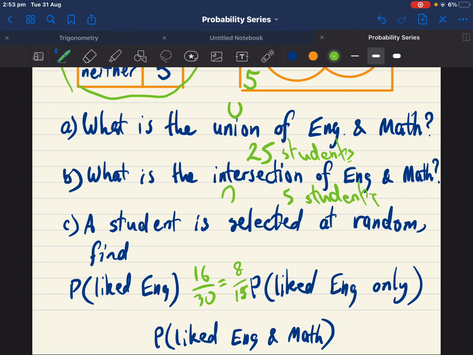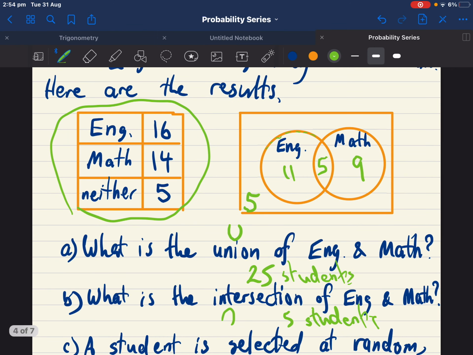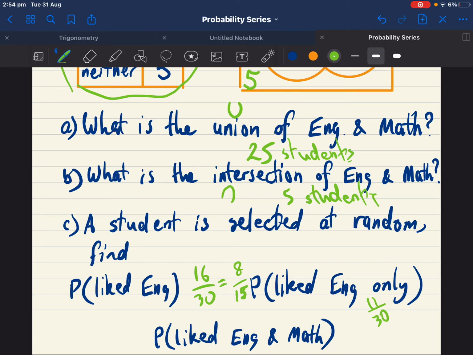That's the probability. The second one, what's the probability that this random person chosen liked English only? So it's not do they like English, it's did they only like English? So in this case, we need to exclude those 5 that also belonged to the maths set. We're after the ones that only belonged to English. There were 11 of them, 11 out of a total of 30.